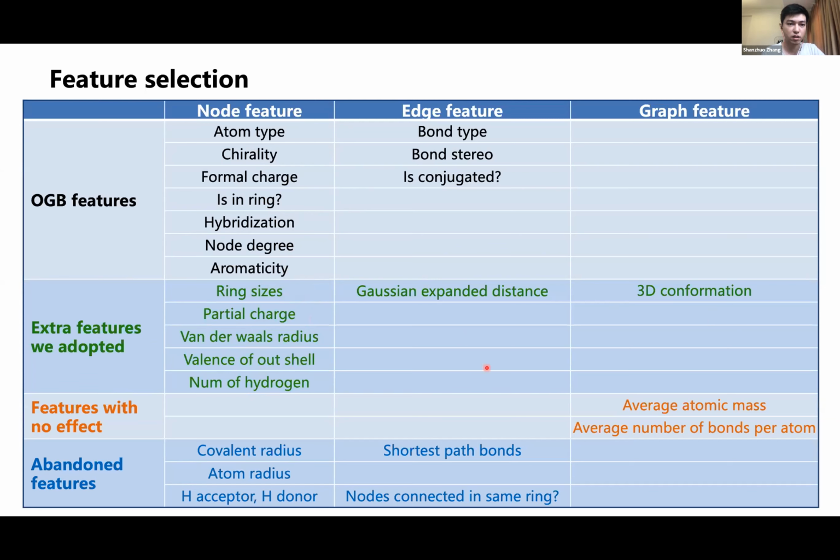These features we think are related to the task itself. And we have also tried some features but found they have no effect, such as the average atomic mass, average number of bonds per atom, and many other features. And there are also features that were abandoned by us because we found either they are difficult to implement or the definition of them is ambiguous.